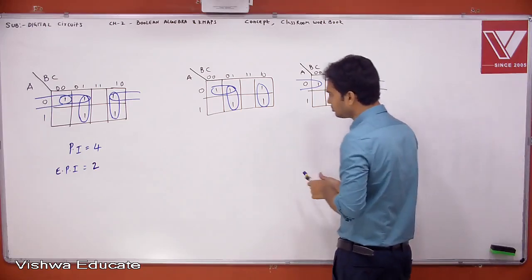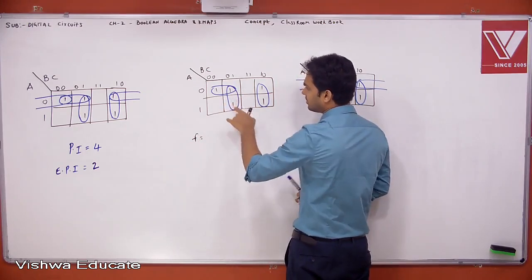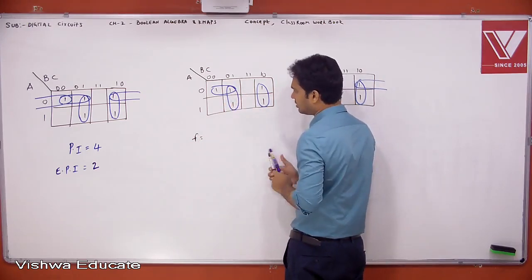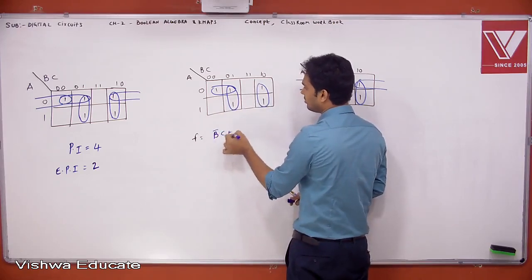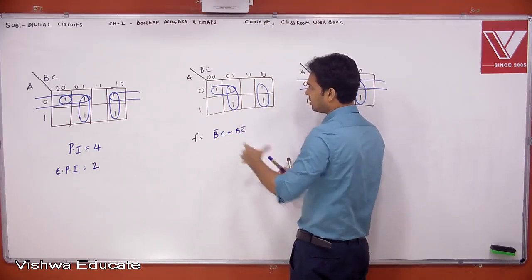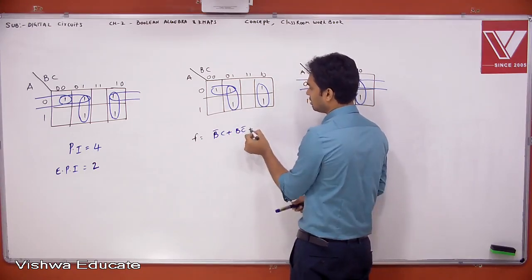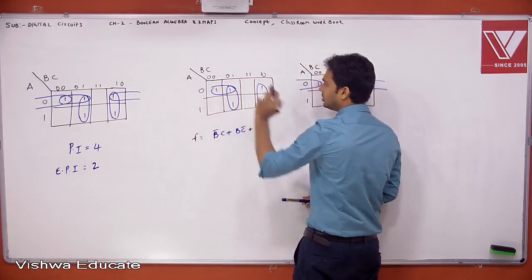Now, in this, what is the answer? For this pair, tell me, B bar C. For this pair, B C bar. And this pair, it is A bar B bar. Right.